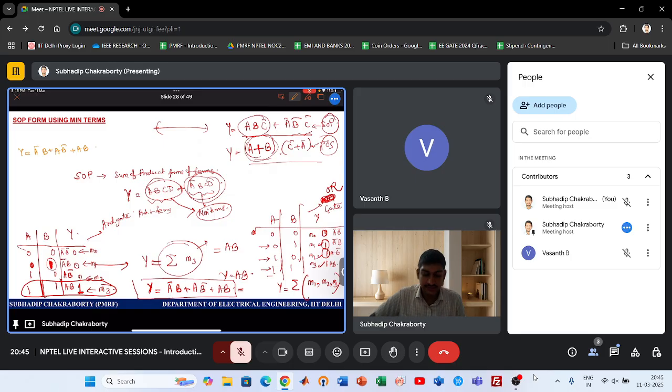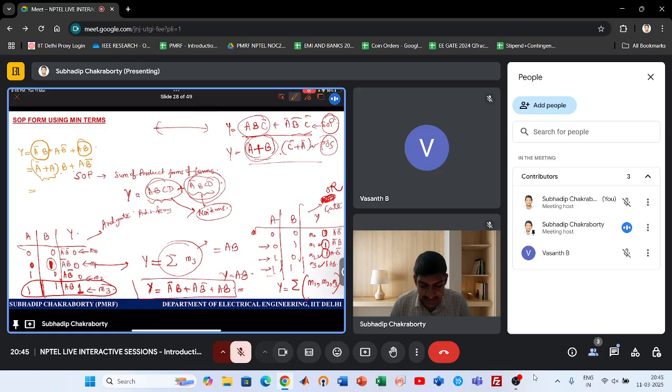How to simplify? You can use A bar plus A times B, plus A B bar. I can write like this by combining this term and this term. A plus A bar and B taken common, then plus A B bar.